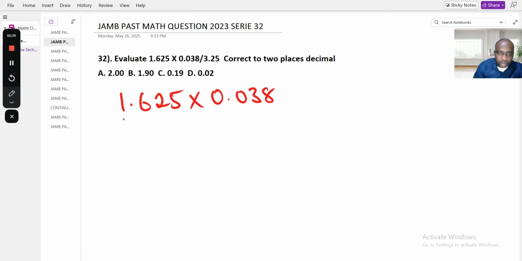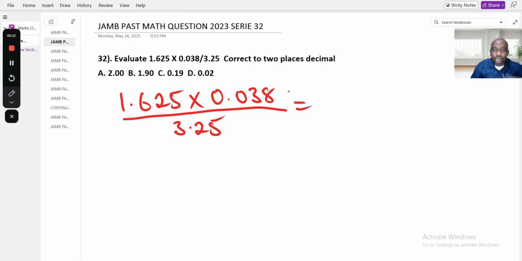0.038 divided by 3.25. Now what you just need to do is to use your calculator to multiply 1.625 multiplied by 0.038.